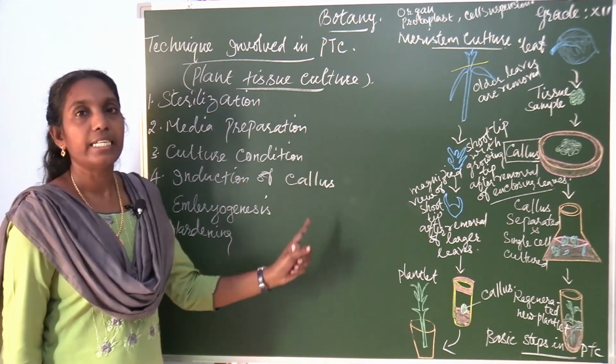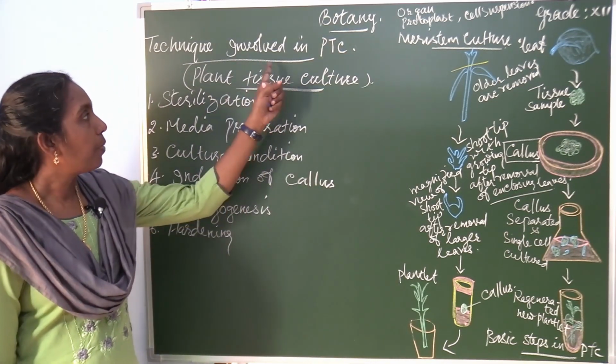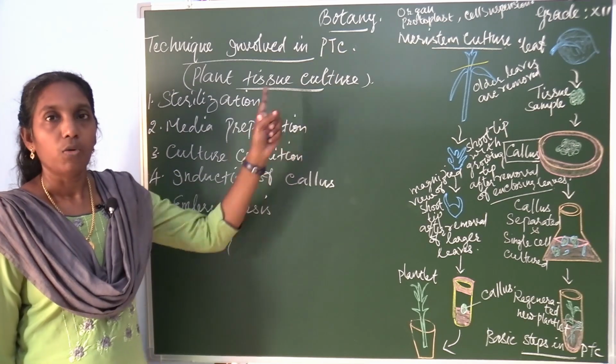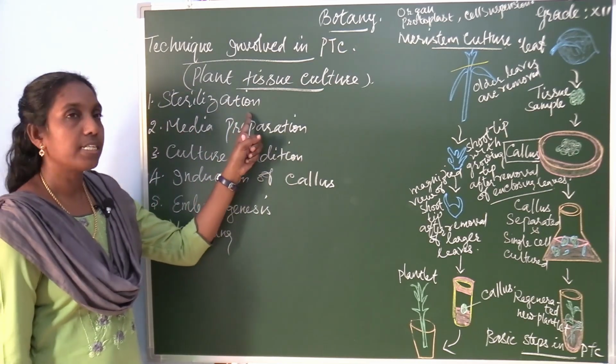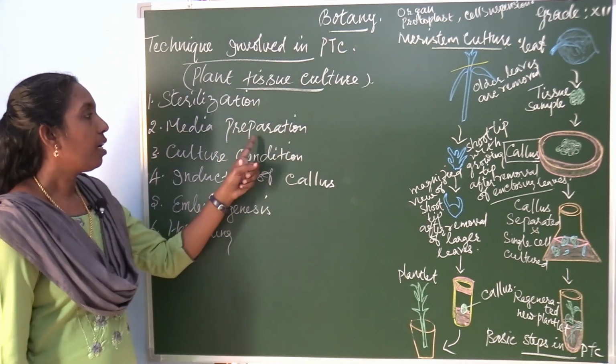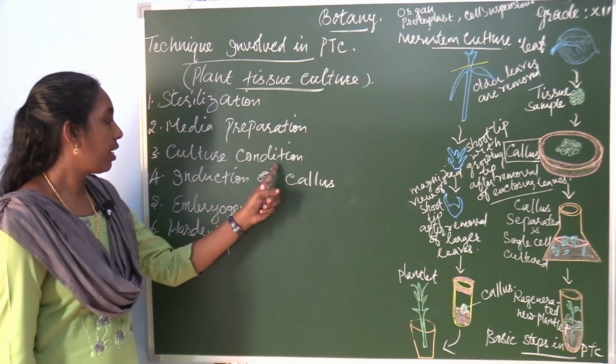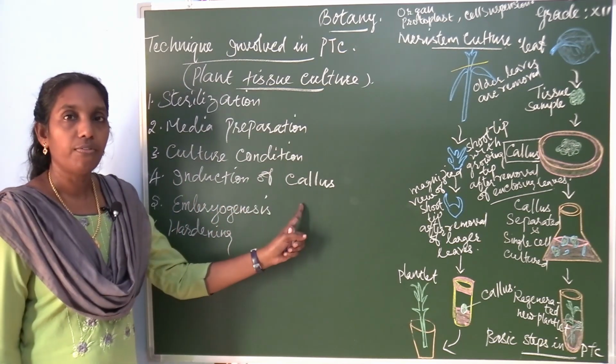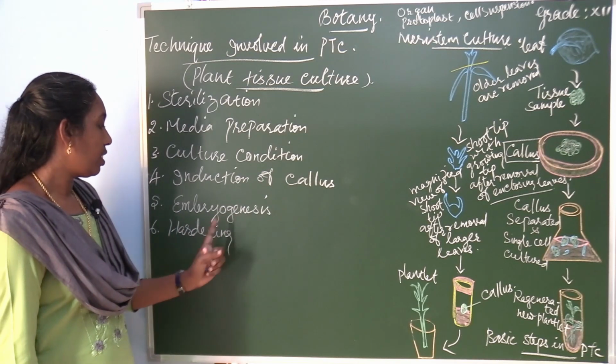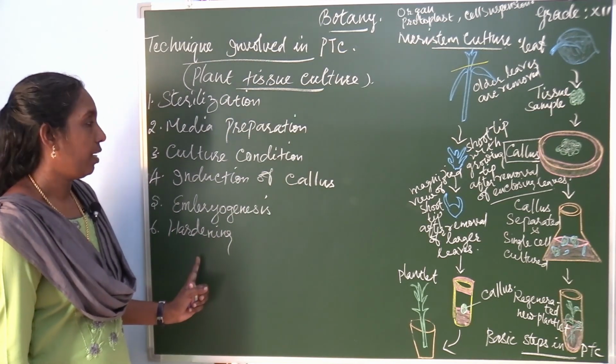These are the different techniques involved in plant tissue culture. What are the techniques? Sterilization, media preparation, culture condition, induction of callus, embryogenesis and hardening.